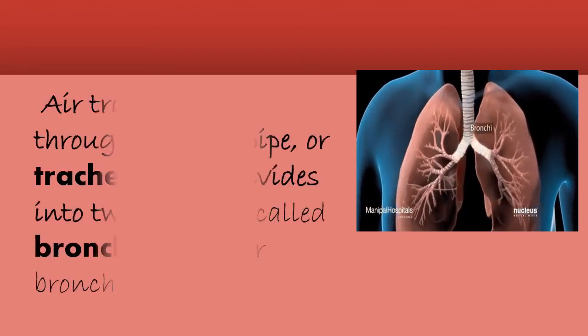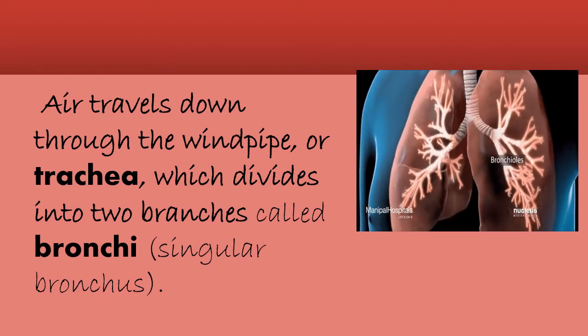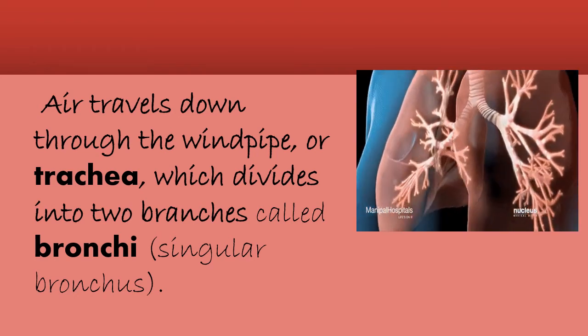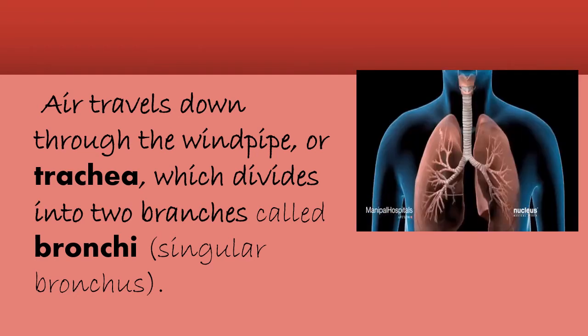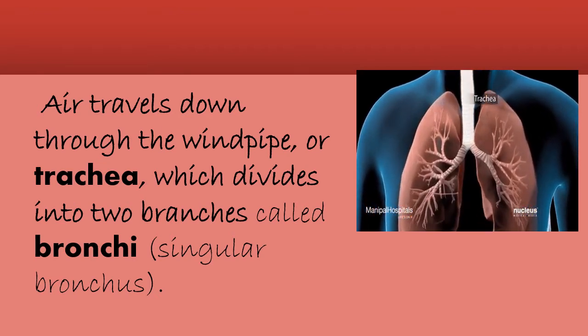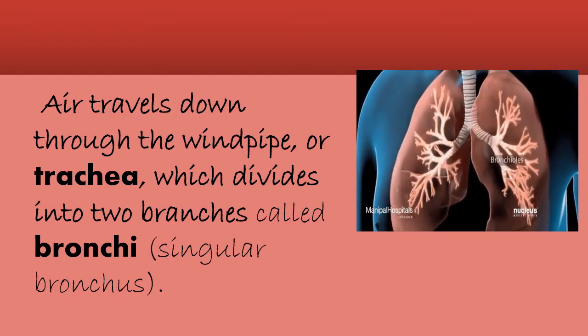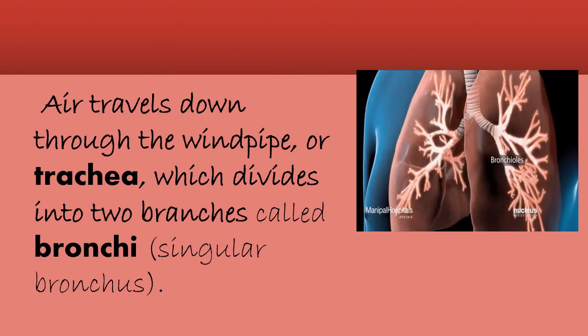Now students, when the air travels down the windpipe or trachea, it divides into bronchi, which have almost the same structure as that of the trachea. Each bronchus enters a lung, where it splits up into numerous branches.